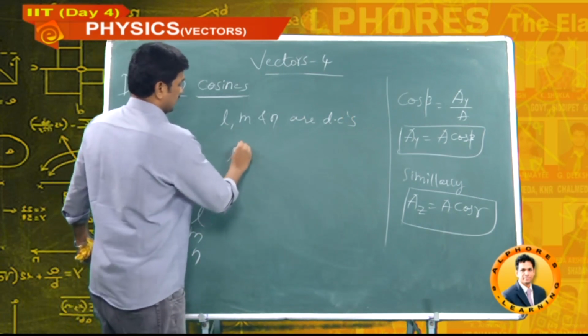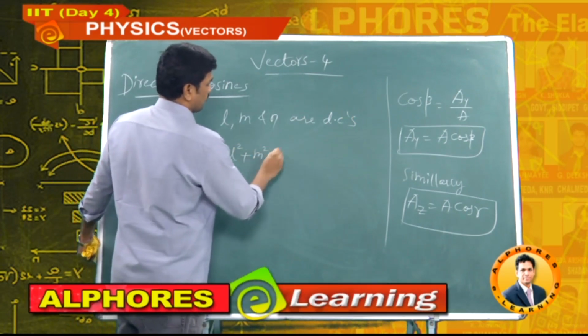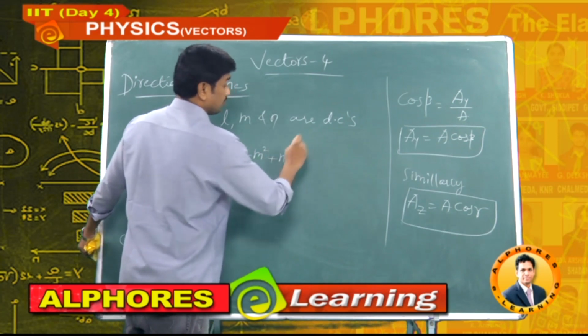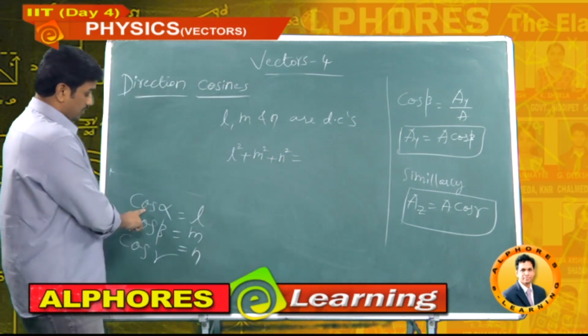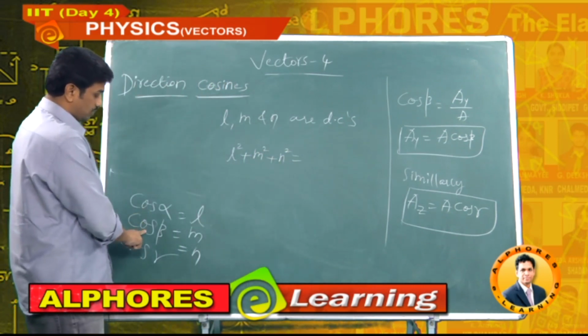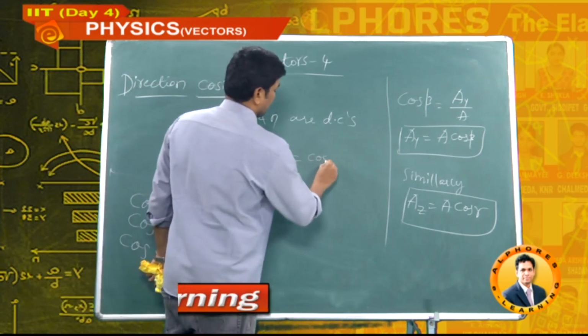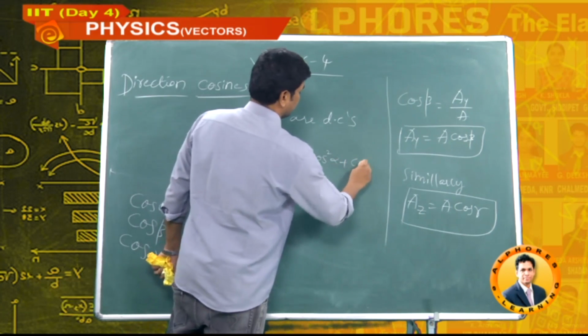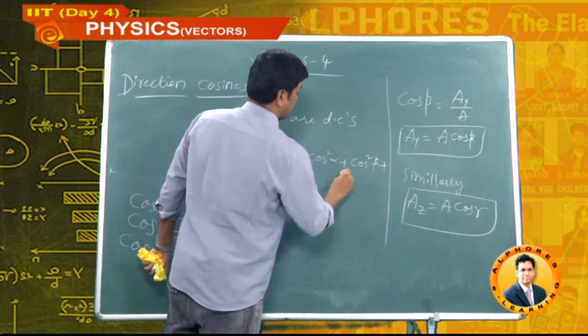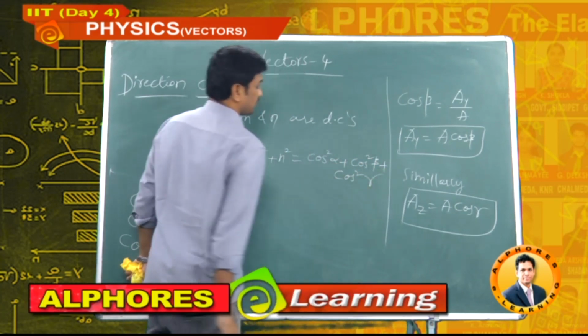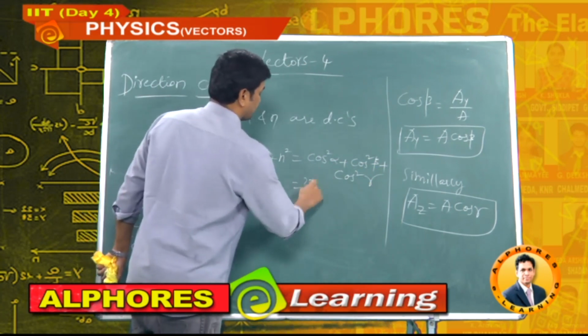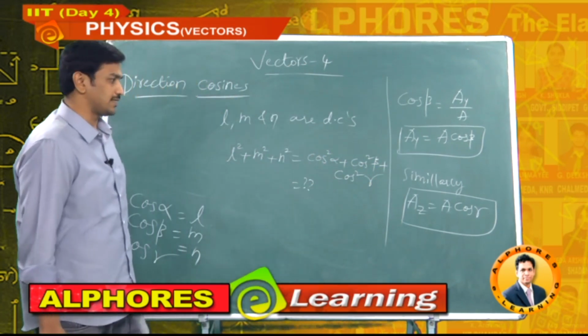Now L square plus M square plus N square is equal to how much? Cos square alpha plus cos square beta plus cos square gamma. What is the value of this L square plus M square plus N square?